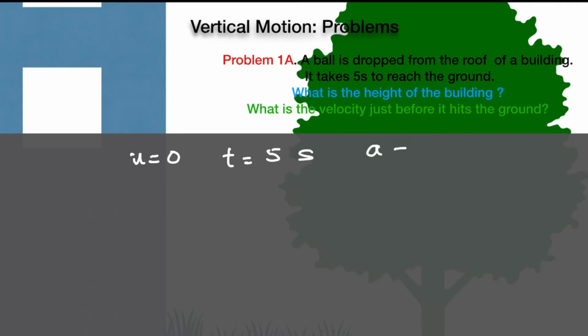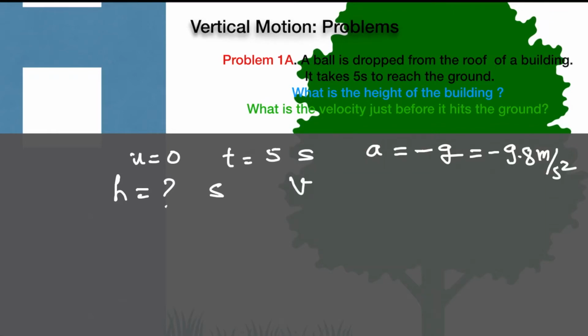So acceleration a is minus g, which is equal to minus 9.8 meters per second squared. And what do we need to find out? We need to find the height h of the building, or displacement, and the final velocity v just before it touches the ground.